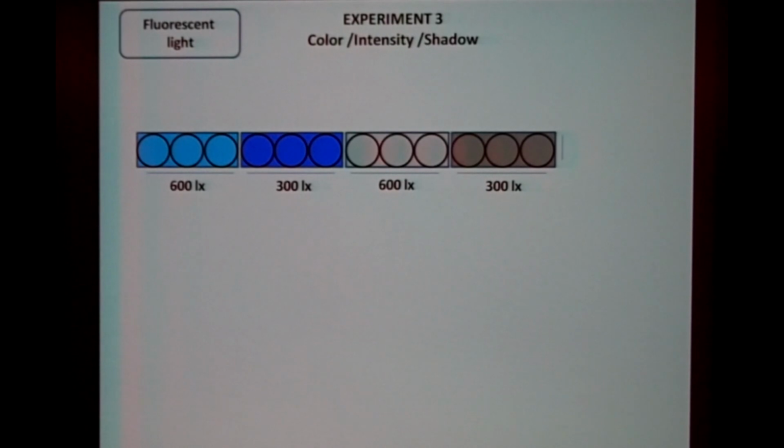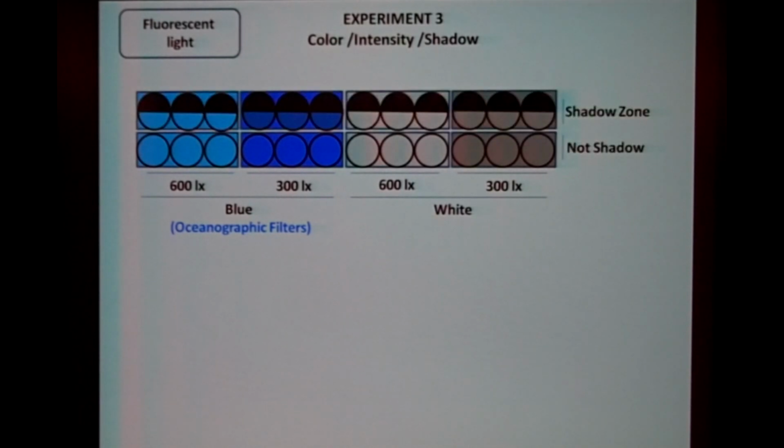But also, in this case, we obtained the blue and white with oceanographic filters. Of course, this changed things, so we cannot compare with our previous experiment, but we had no other option.